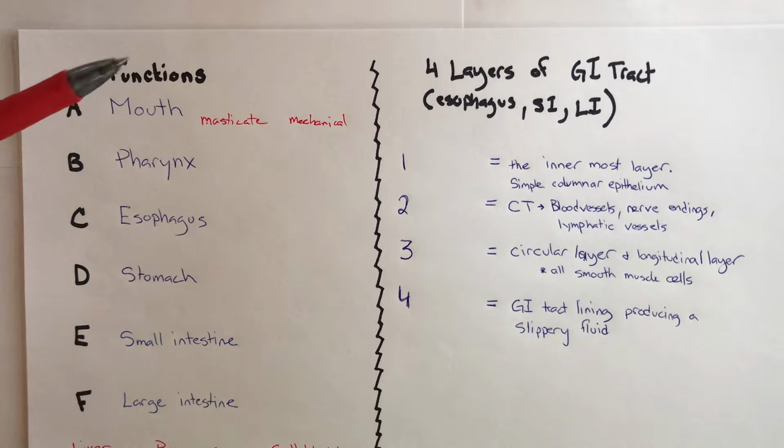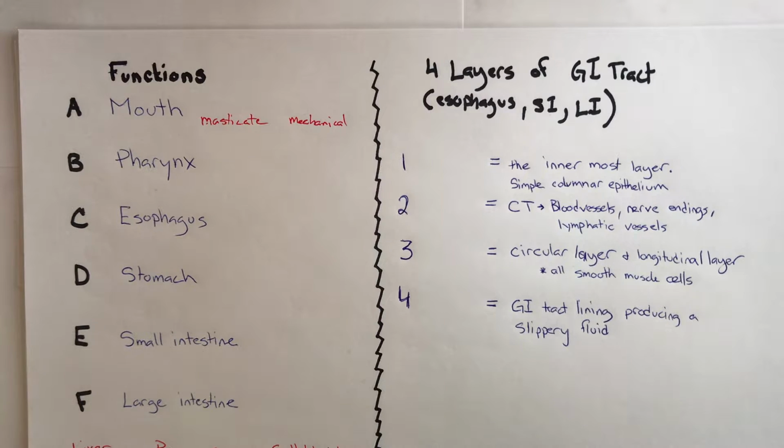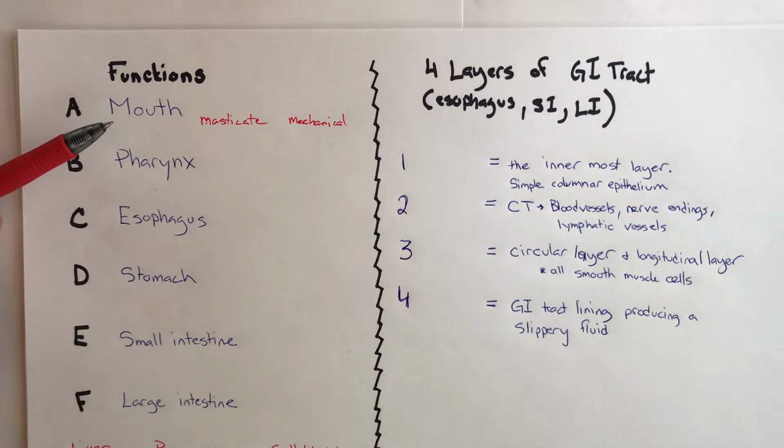Chew, chew, chew, and this is going to help break down the large food molecules into smaller and smaller, so that by the time we get all the way down to the stomach and the small intestine, the food will be small enough finally where we can absorb it into the bloodstream through our single cells, our simple columnar. All right, so we have mastication in the mouth.